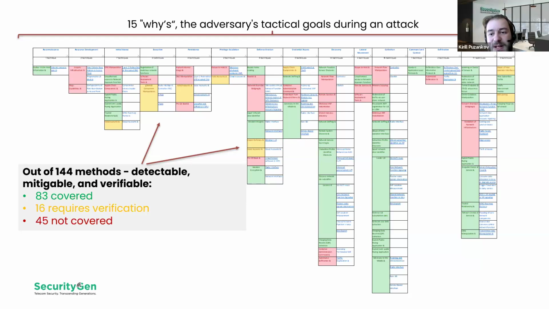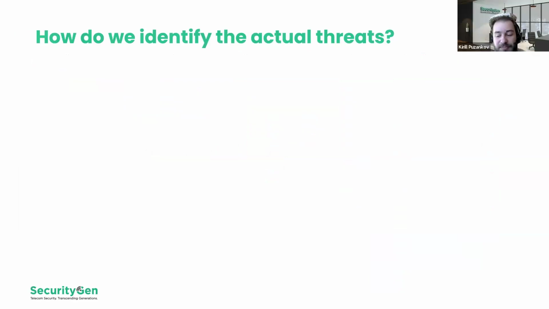And how to identify if your network is actually vulnerable to specific attack vectors, and if it is, to perform the proper prioritization. So how do we identify the actual threats, right? And here I would just stop and reshare to the video, talking about our breach and attack simulation platform.